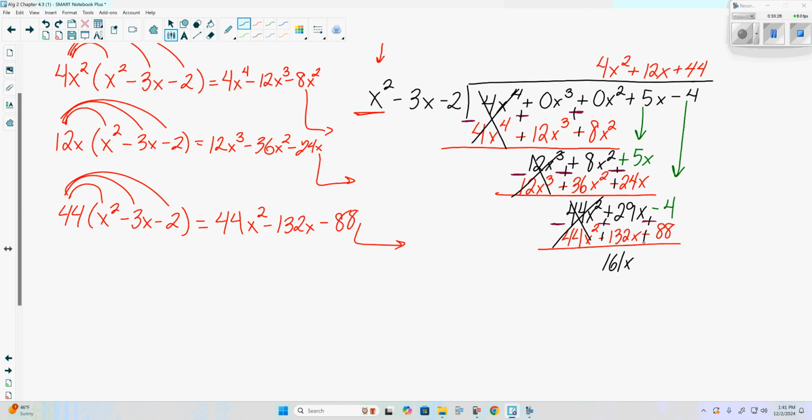Here, negative and negative again makes a positive. Negative 4 plus 88 is plus 84. Again, we put the remainder over what we were dividing by.